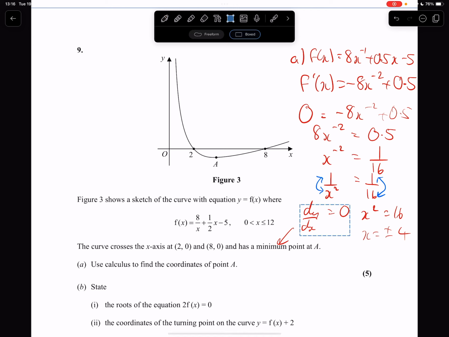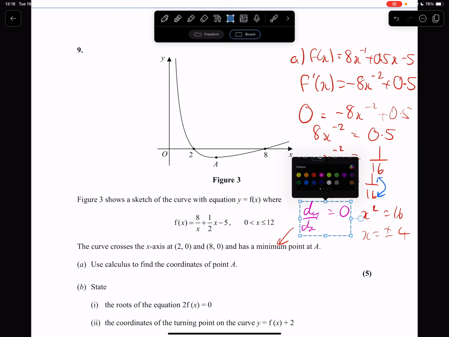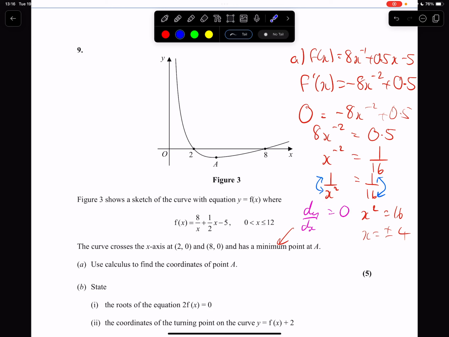Now, in this one, technically you've got both answers, but there's a restriction in the domain of the question, because it says in the question that it's between 0 and 12. So actually, x is 4. Once we know that, we can find out the y coordinate by just putting 4 into the function, because the function is what defines the y coordinate.